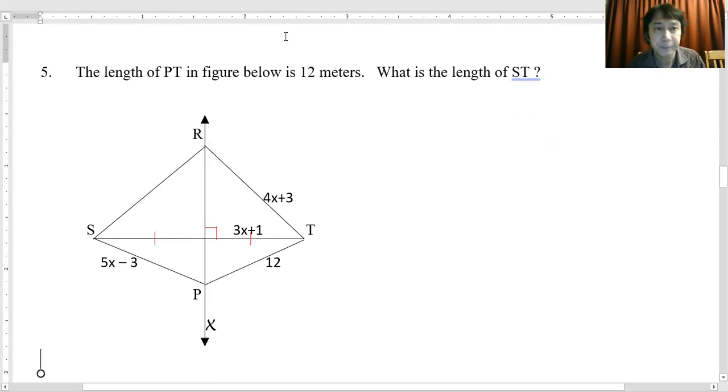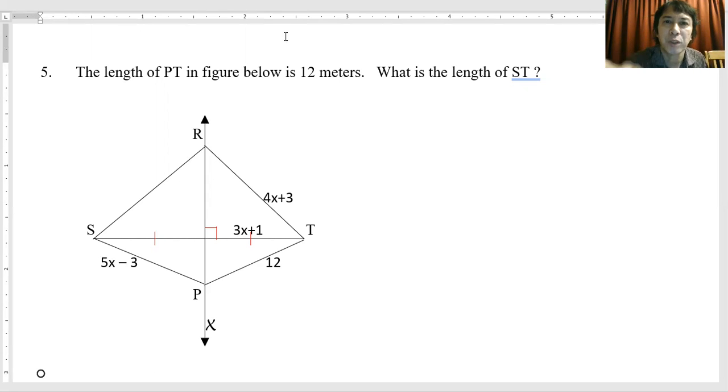It's over here. Number 5, the length of PT in the figure below is 12 meters. So this is PT, the one with the red line segment. This is 12 meters. Now observe the figure.